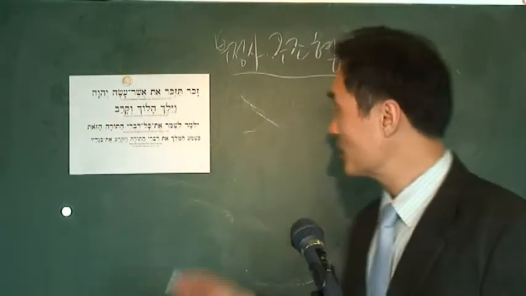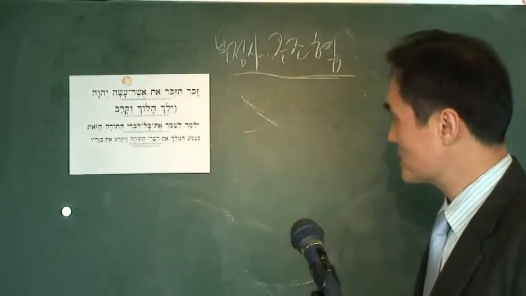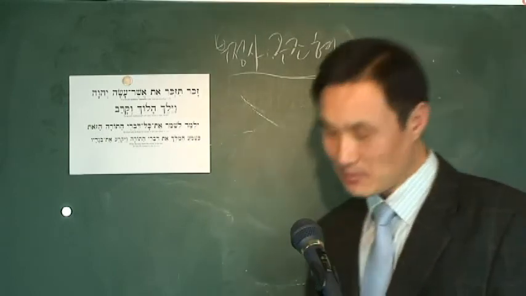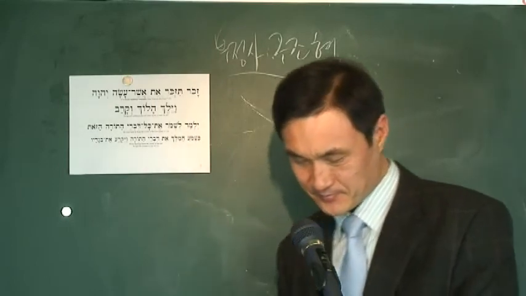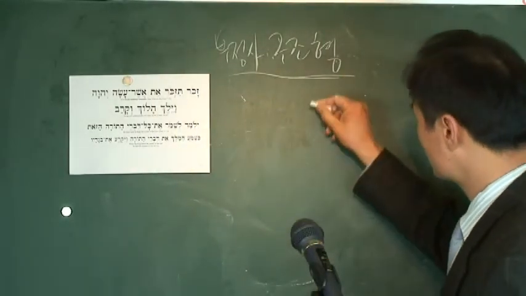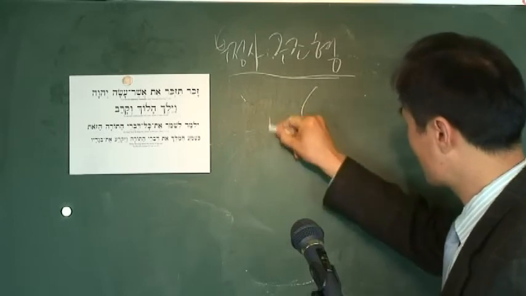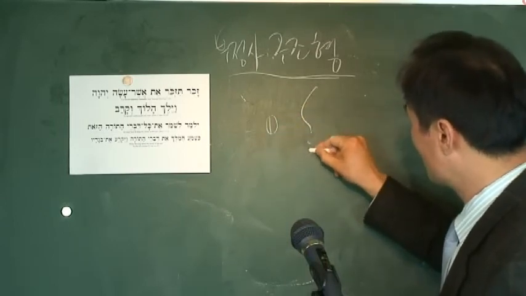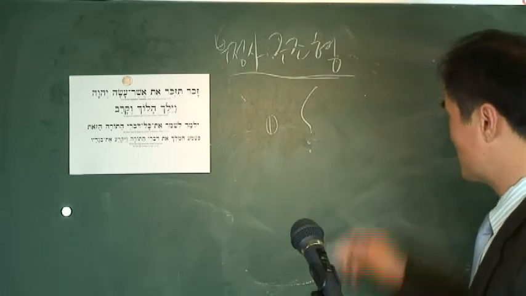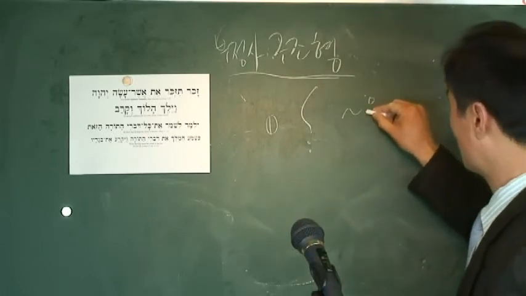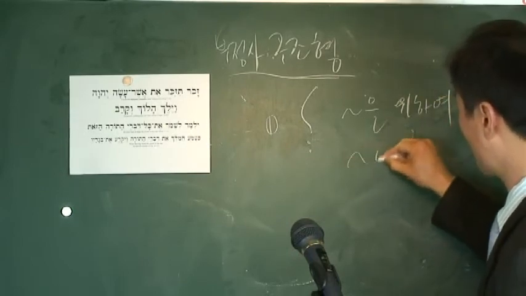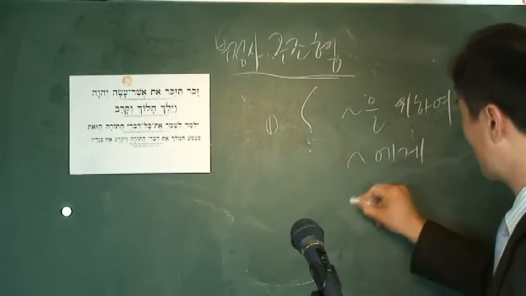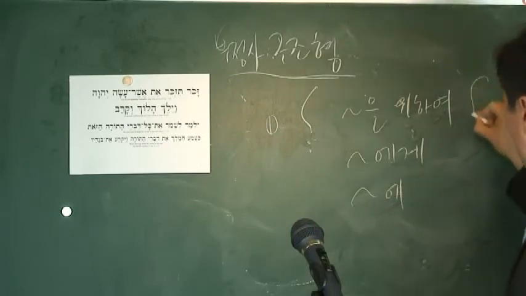The infinitive construct form of the kal verb. Because this is in the construct state, it is not used independently, but is used with other elements. First, the preposition le means for something, to something, or at something.